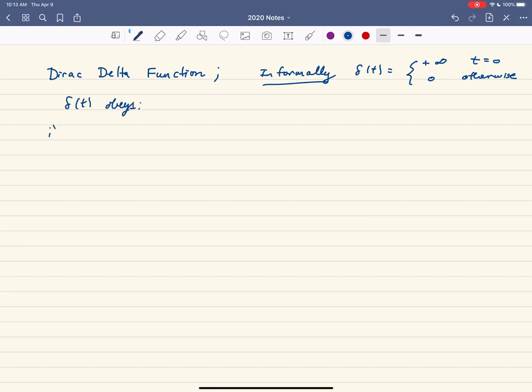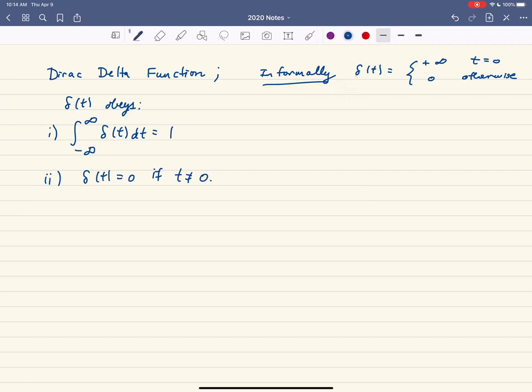The first is that if we integrate delta from negative infinity to infinity, I forgot my dt, we're going to get 1. Okay, that's a property of this delta distribution. The second property is that delta of t is going to be 0 if t is not equal to 0. So that's kind of, again, built in here.